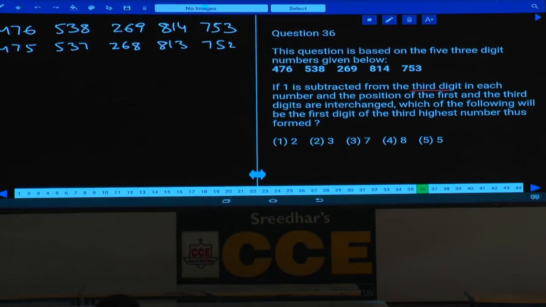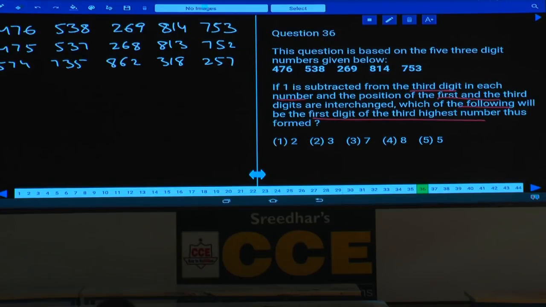Then afterwards, 1 is subtracted from the third digit in each of these numbers and the positions of the first and the third digits are interchanged. 1 and 3 are interchanged is nothing but the number is completely reversed. Then if the number is reversed, the number will be 574 and 735 and 862 and 318 and this will be 257. Then which of the following will be the first digit of the third highest number?